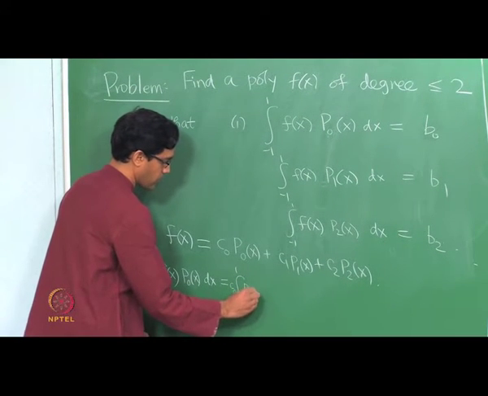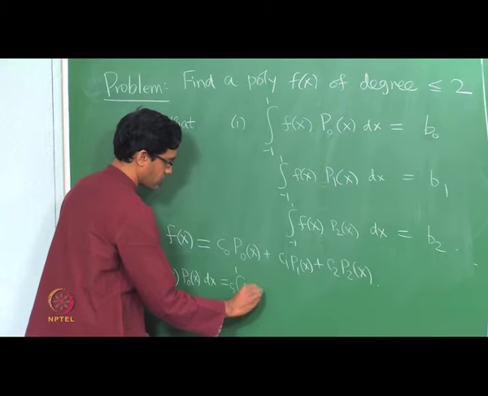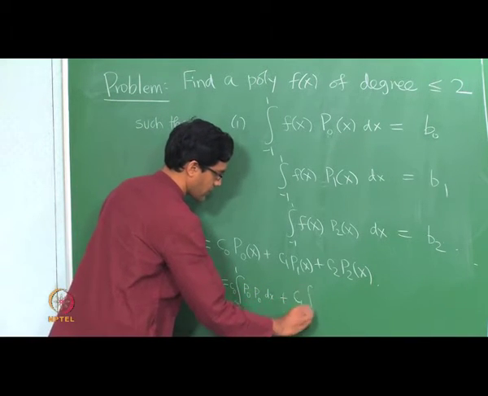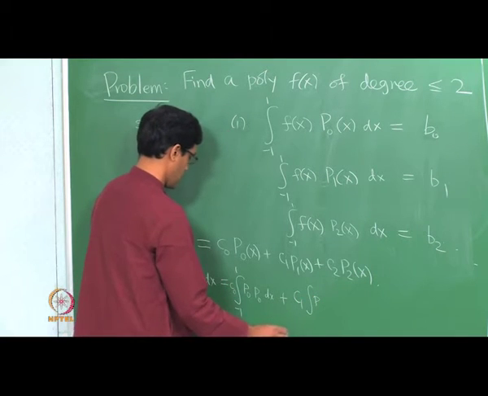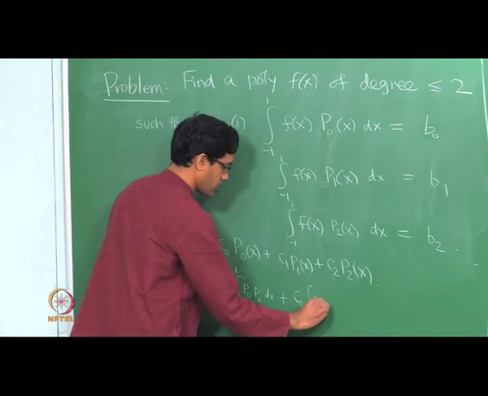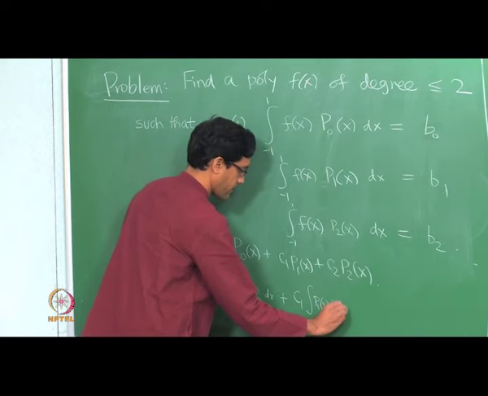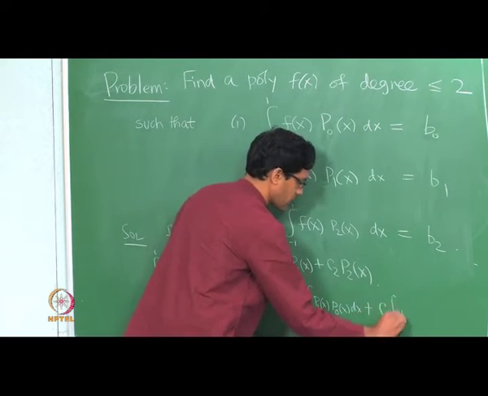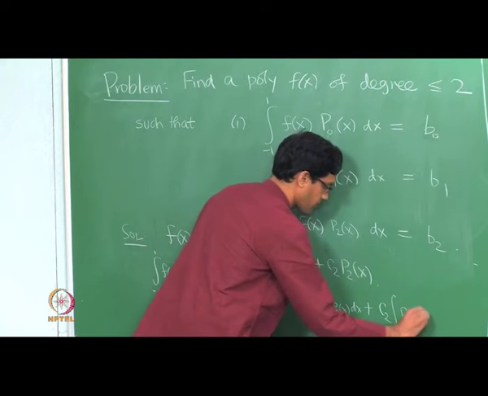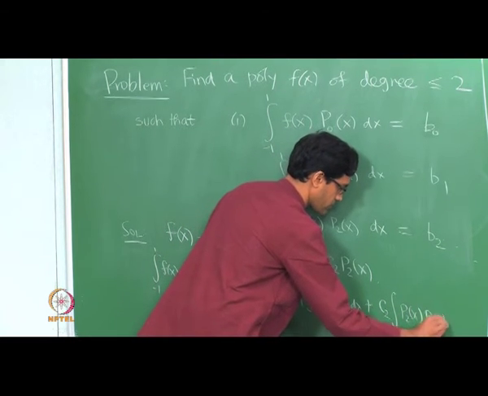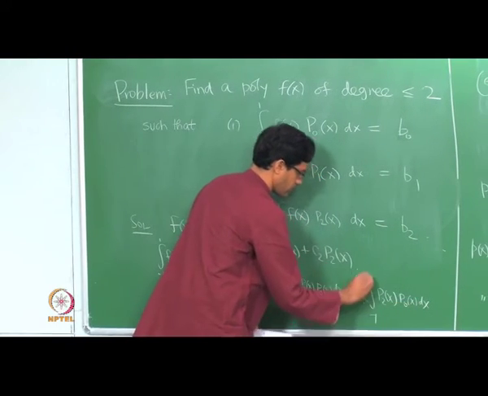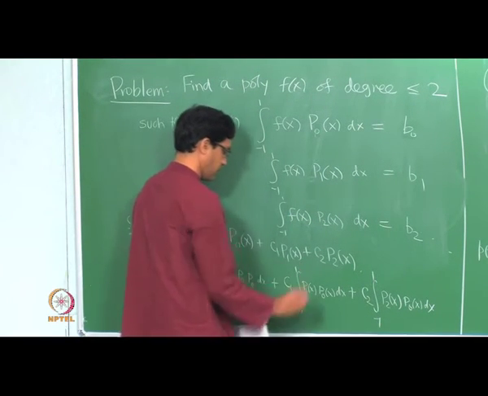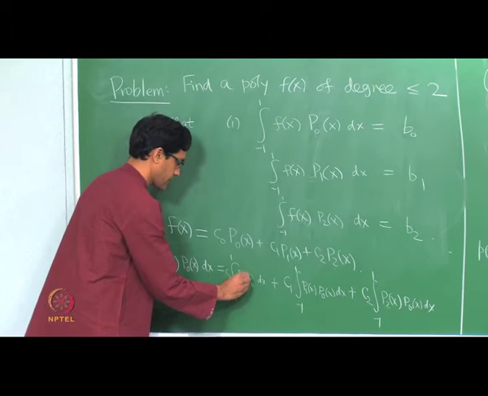So this is like p0 multiplied by p0 dx plus c1 times the integral of p1 p0 plus c2 times the integral of p2 p0, between the same limits, so this is also dx.